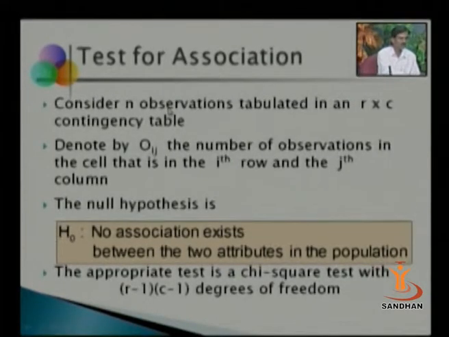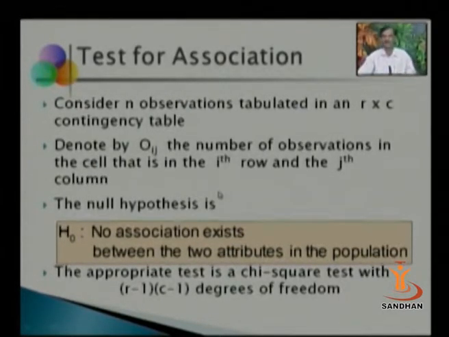So suppose we have n observations tabulated in an R by C contingency table. Now in general O_ij is the number of observations in the cell in the ith row and jth column.